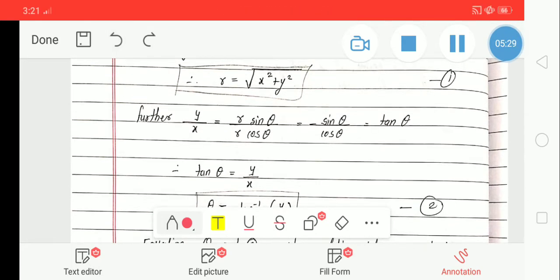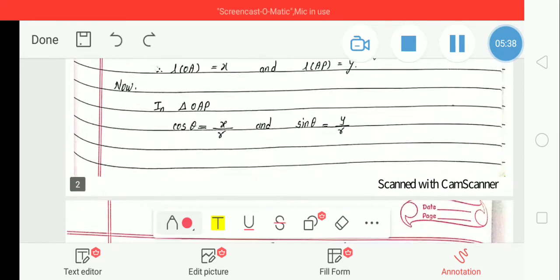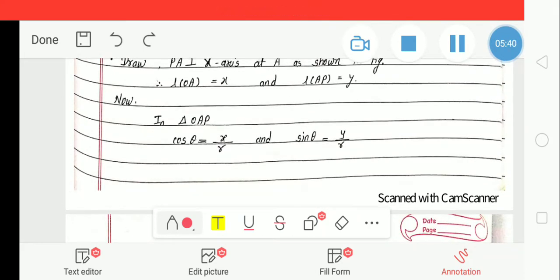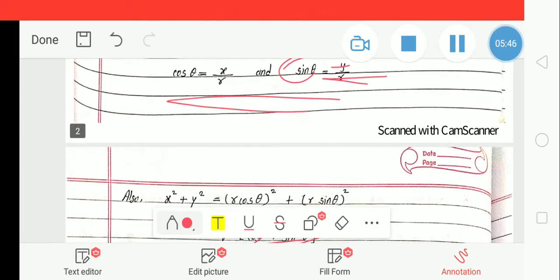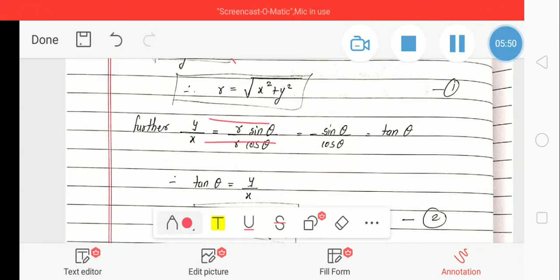Further, y divided by x is equal to r sin theta divided by r cos theta. How is that? Because y is equal to r sin theta, since sin theta is y upon r. In this equation we write the value of y and the value of x.